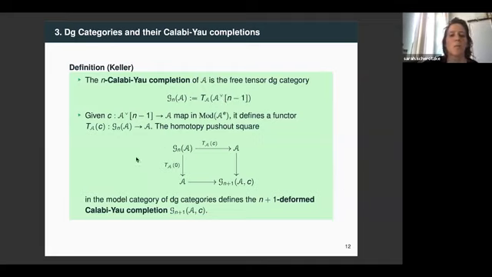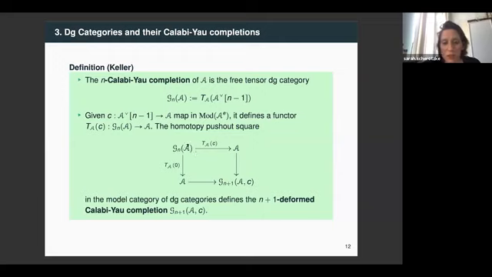We can also have a deformation of that construction. If we take an A bimodule map C from this dualizing complex to A, then this defines a functor from T_A of the dualizing complex, the n-Calabi-Yau completion of A, to A, because all I need to tell you on this free construction is that A is mapped to A, and C tells you exactly what to do with the A bimodule.